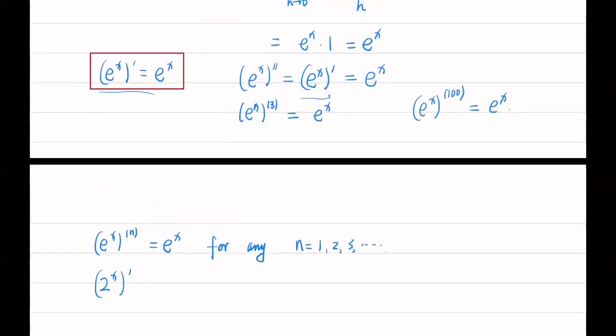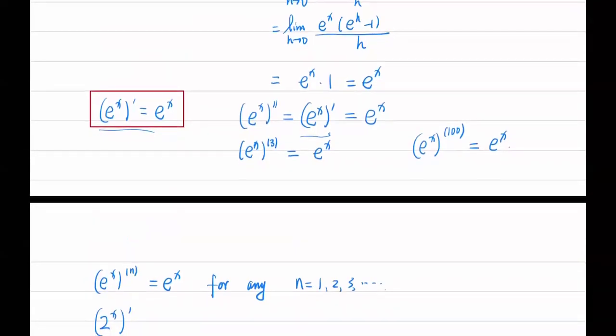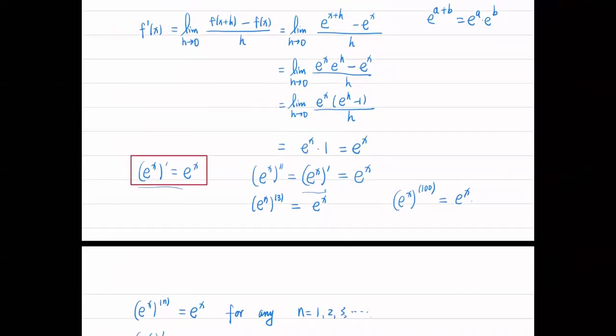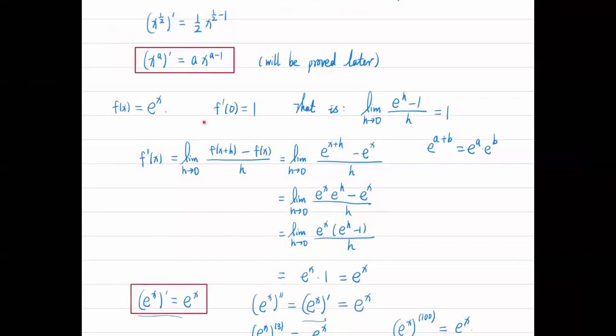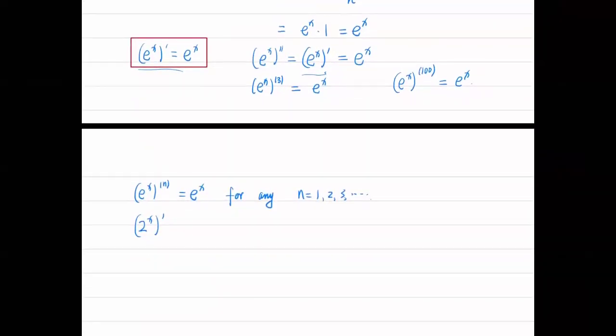So e to the x, how did we find the derivative? We used a very basic property. We know the derivative at 0 is 1. With this knowledge, we found the derivative. So for this one, what's missing is the derivative at 0. If we know the derivative at 0, then we can recover the derivative function.